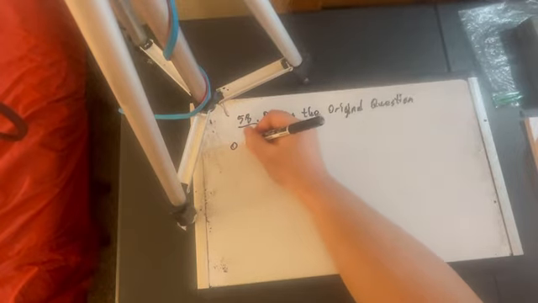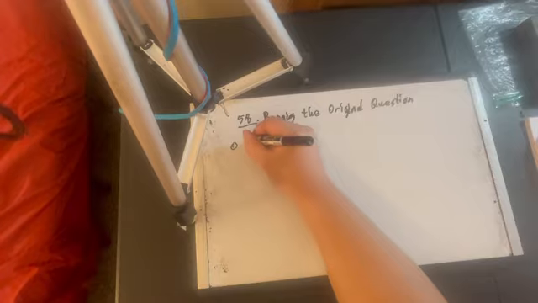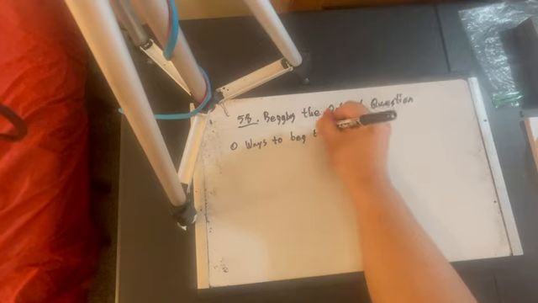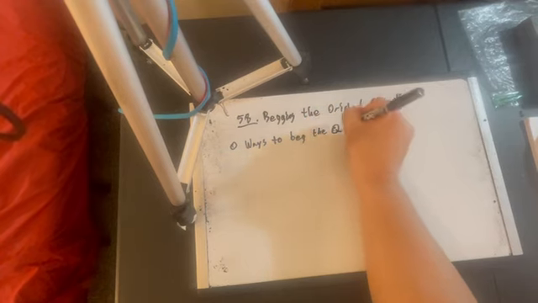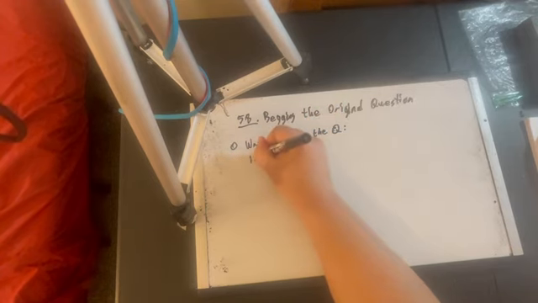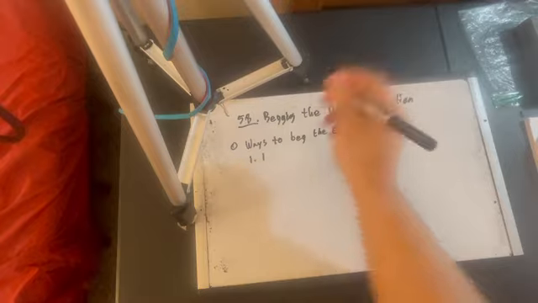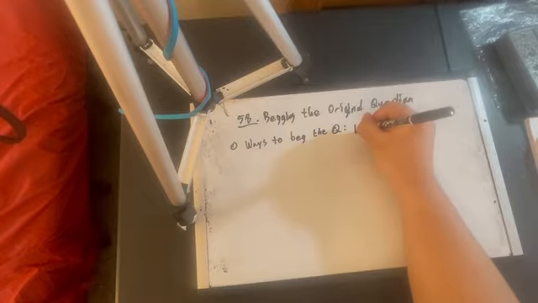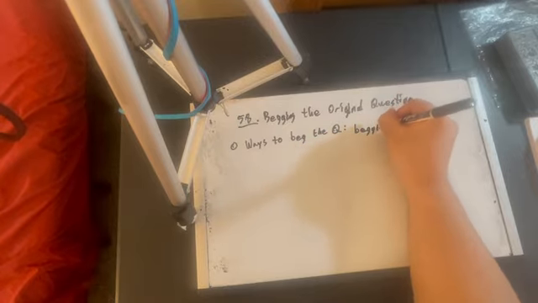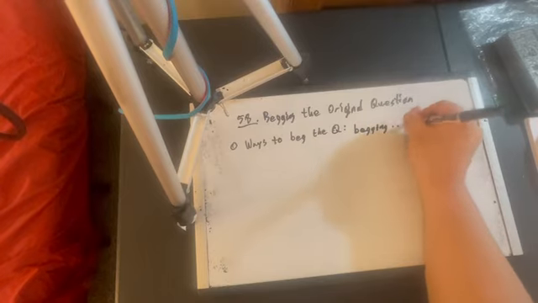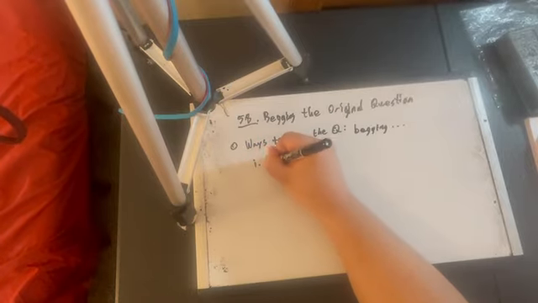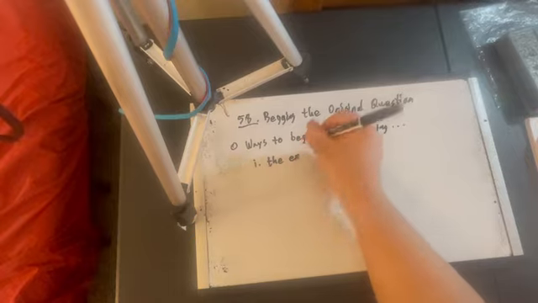Aristotle gives 5 ways someone may beg the question. First of which is begging the exact conclusion.